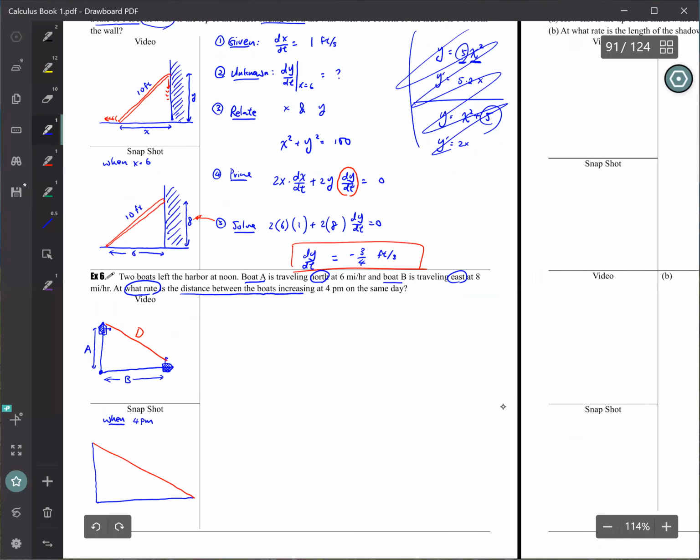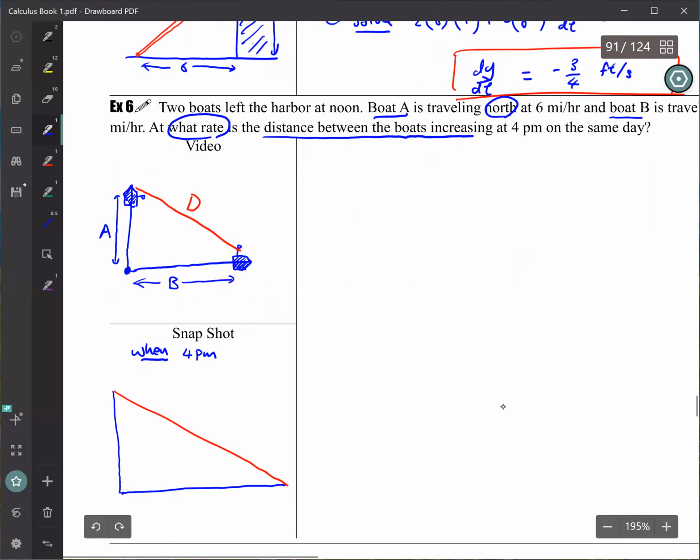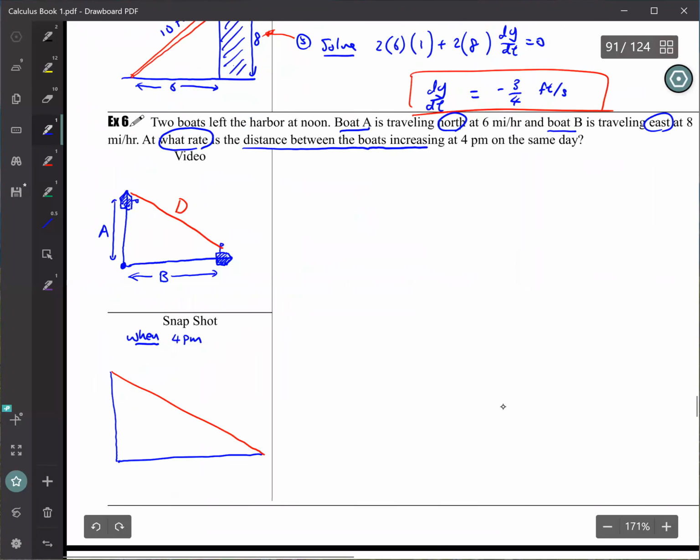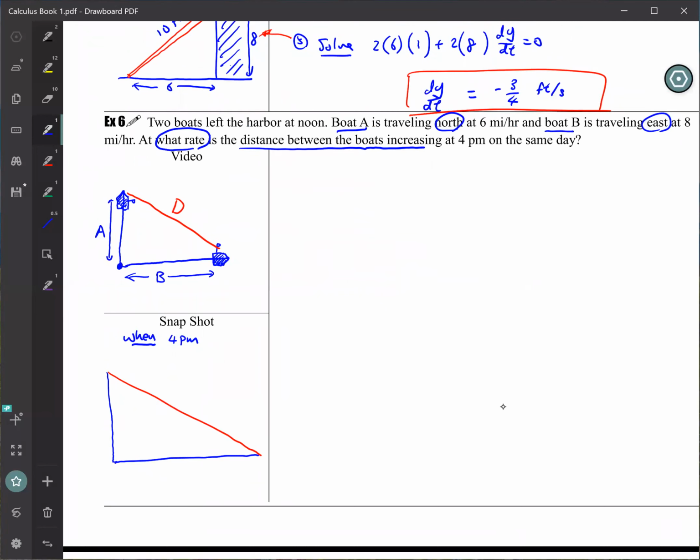Okay. Write down all the givens. Write down what you are looking for. Get the relationship that connects them all. And then just do the prime. Okay, what numbers go on the snapshot then? Because right now it's all empty.